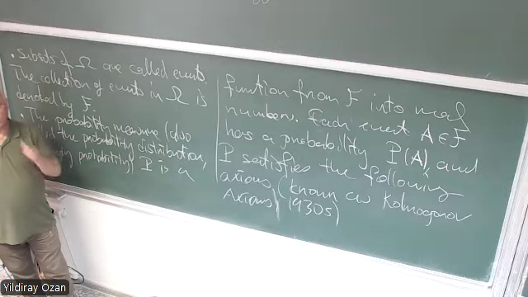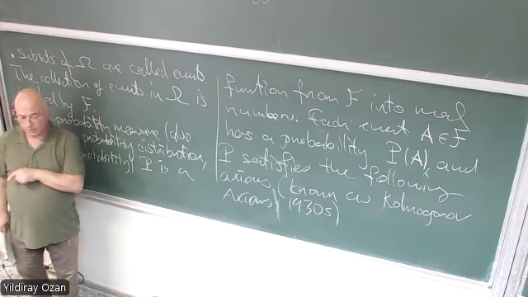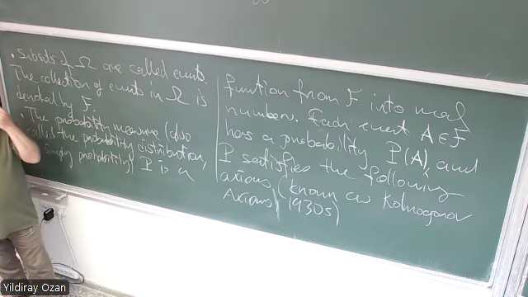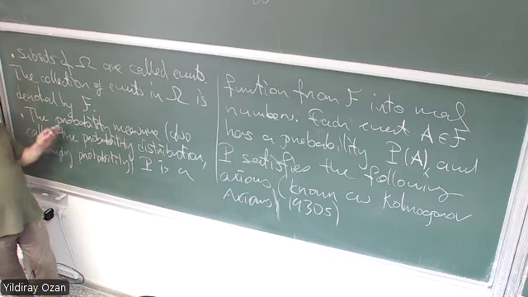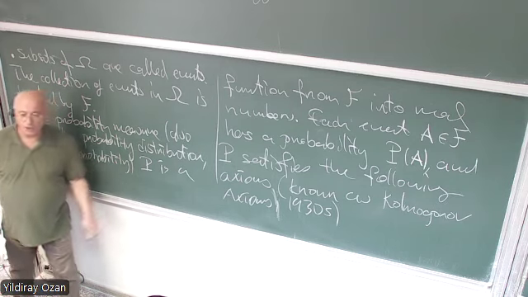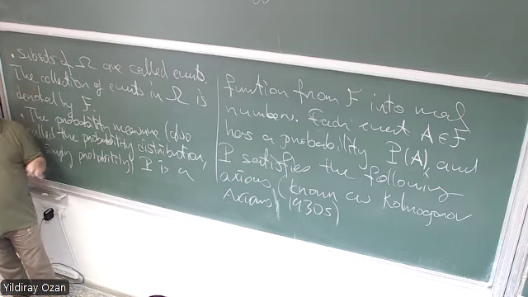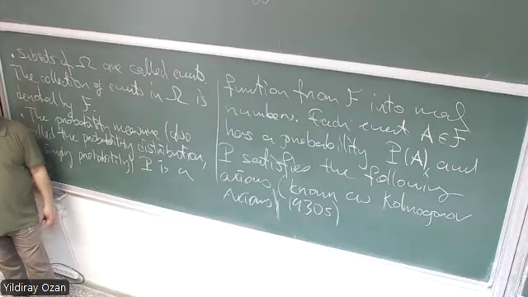That's something Özgür is going to teach this semester. That's called measure theory. Probability is a measure. But if you have an arbitrary set, for example in the real numbers, you may not be able to measure it. So not all sets are measurable.